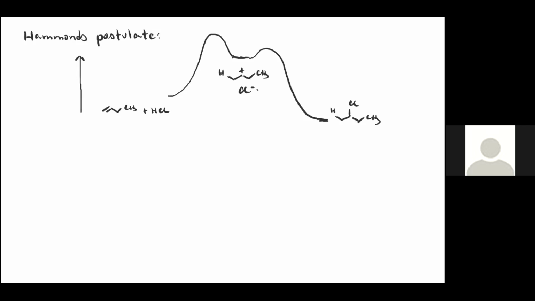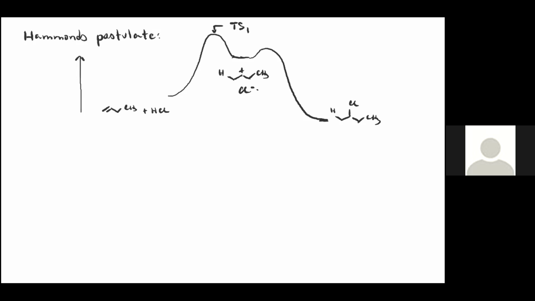If we're interested in thinking about the geometry of this transition state, okay, what we say is that it's going to resemble the species that's closer in energy to it. In this case, it would be the carbocation. It's going to look more like the carbocation than like the starting alkene, okay?